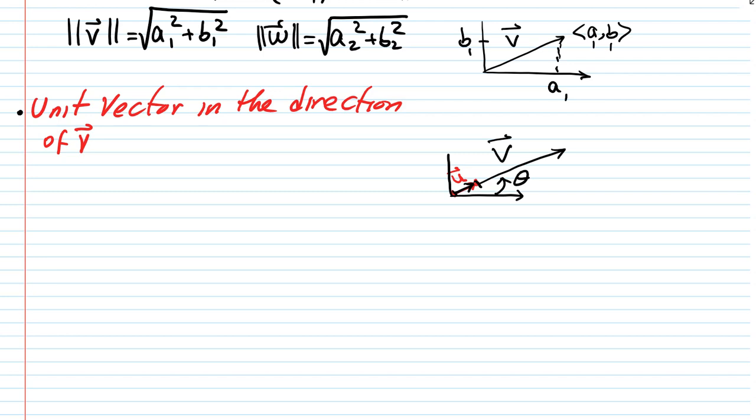And the radicand, the numerator and denominator are the same, so you get the square root of 1, and that's just 1. So it is in fact a unit vector, the resulting vector.